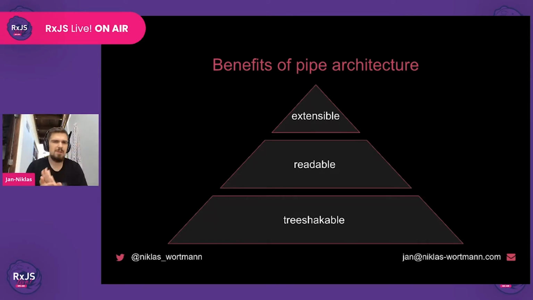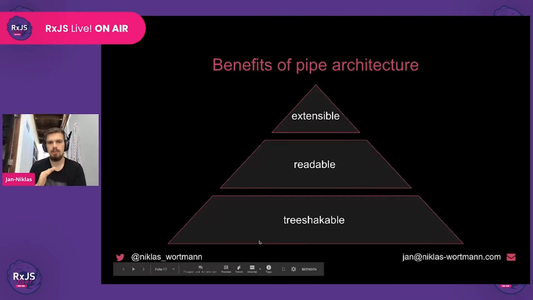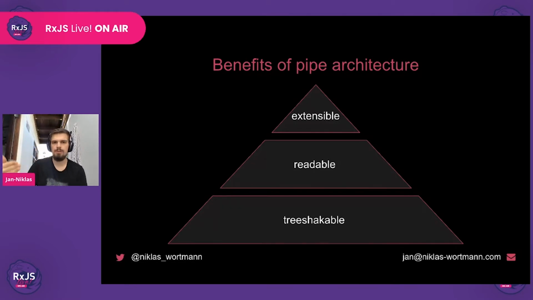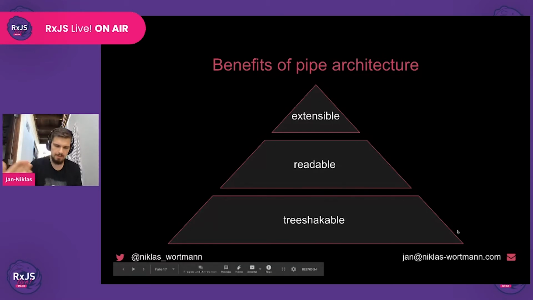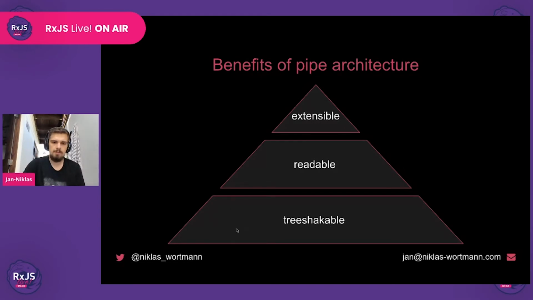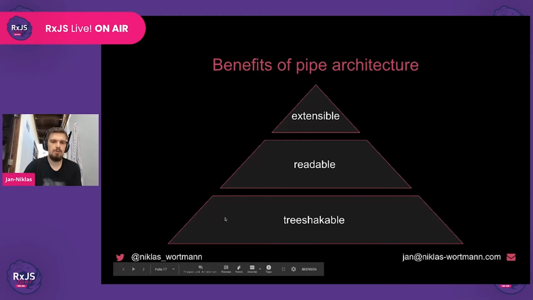The big reason why we introduced this pipe architecture is actually tree shakeability. Before that, we had dot chaining, which was basically every time you imported an RxJS operator, it was patching the prototype of the global observable. And this approach was not tree shakeable. By having functions that you now import dedicatedly, you end up with a way more tree shakeable approach.